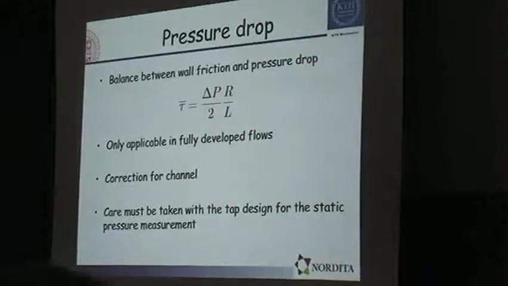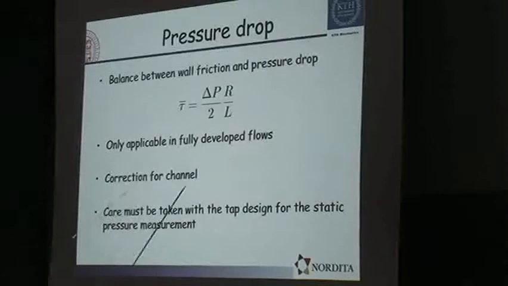Now, the pressure drop is the simplest method that you can use if you have a fully developed flow. By fully developed flow, I mean a flow which is not changing anymore with streamwise coordinate. For example, in a pipe, this appears at about 40 diameters for the mean quantities, even higher for the higher moments.